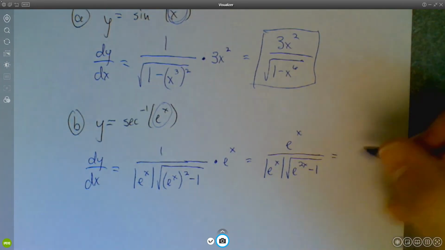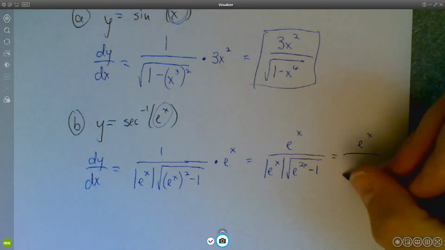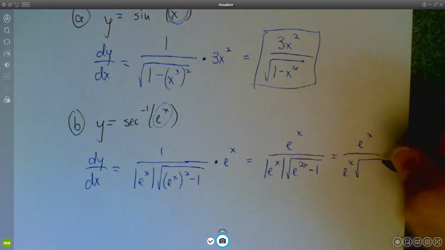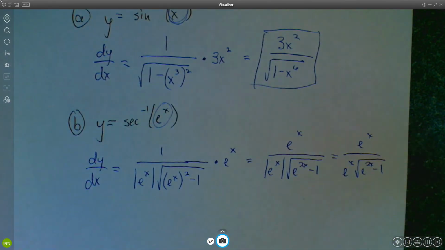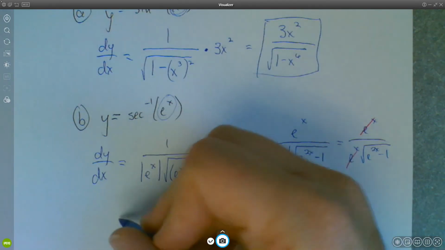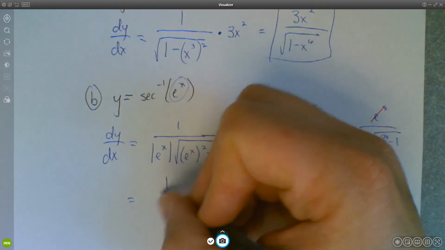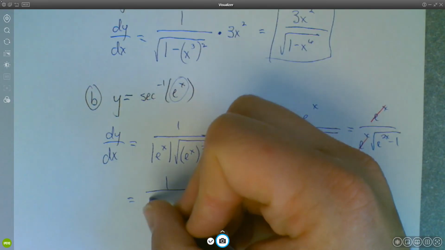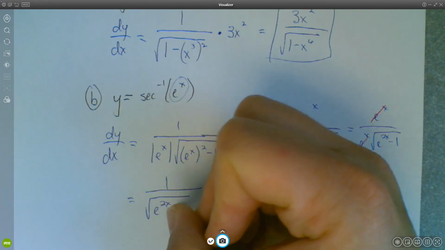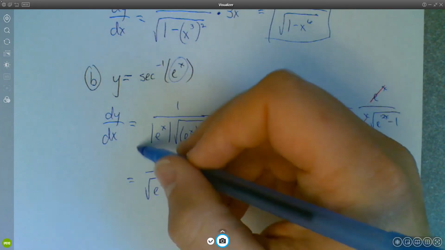We can drop them and just call this e to the x over e to the x times the square root of e to the 2x minus 1. And then those things cancel. So dy dx in this case is just 1 over square root of e to the 2x minus 1, which is actually really pretty nice.